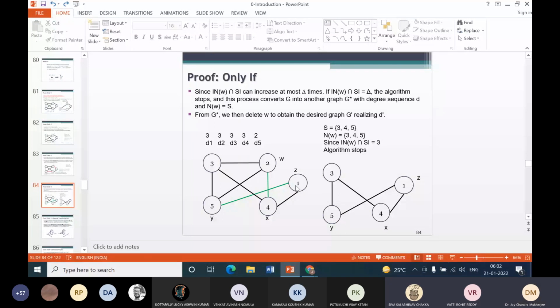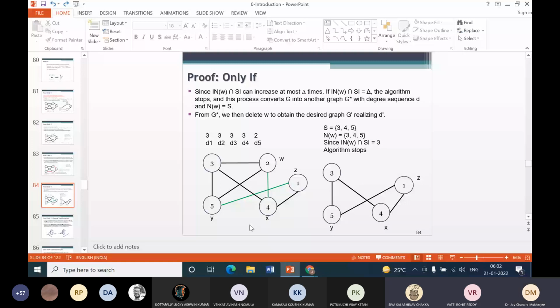The other endpoint will be that vertex Y, which is a neighbor of X but not a neighbor of Z. So this is the option, right?